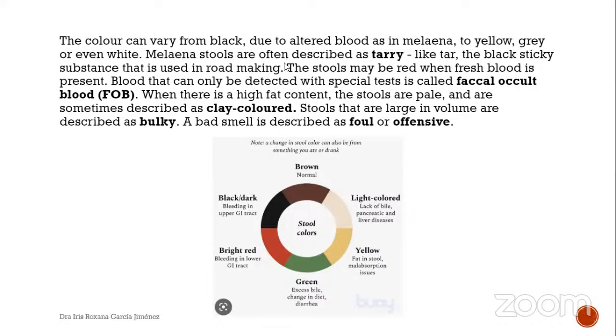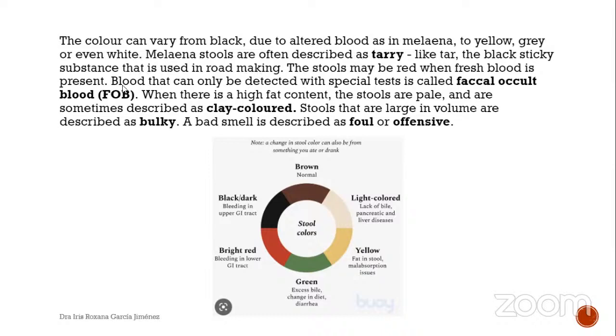So melena stools are often described as tarry, like tar. The black sticky substance that is used in road making, or the cream we use for polishing our shoes, that's tarry. The stools may be red when fresh blood is present.